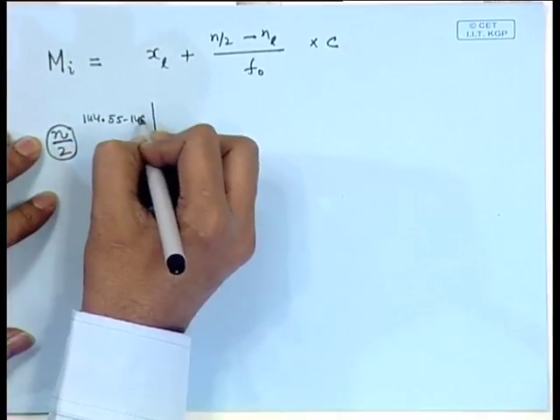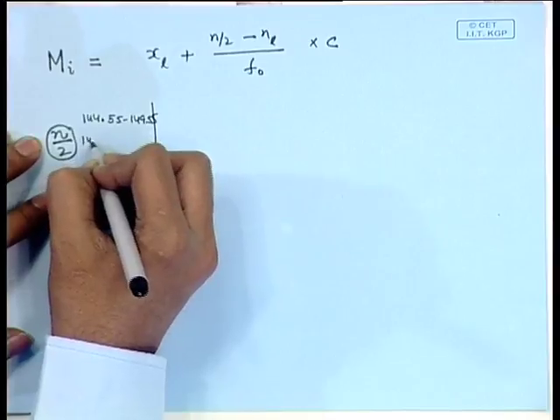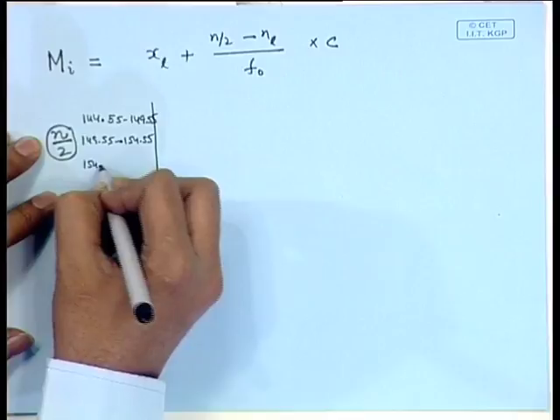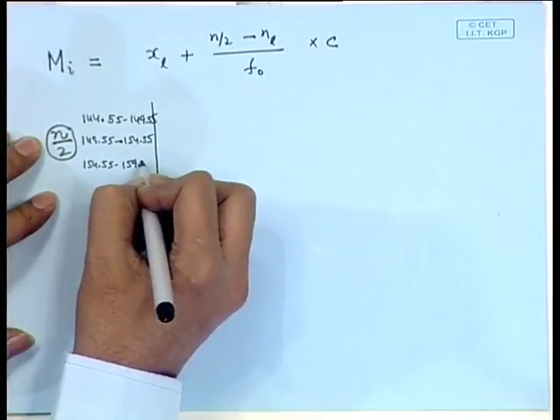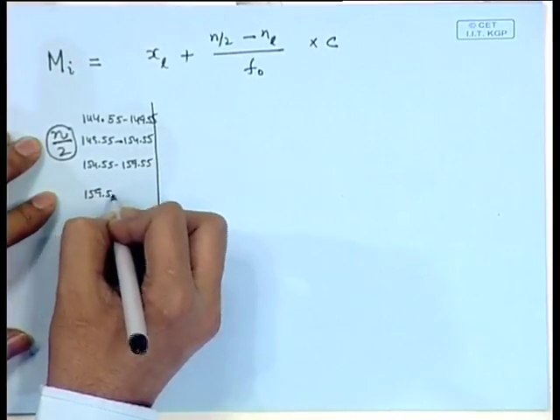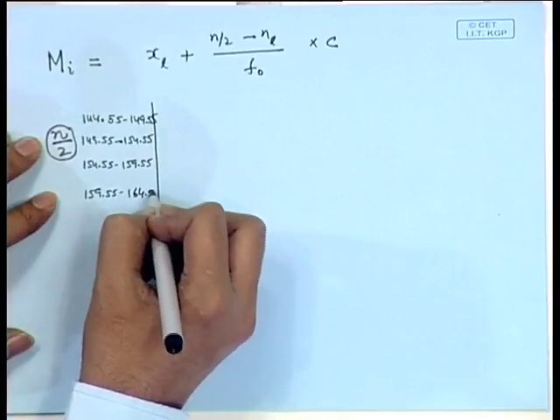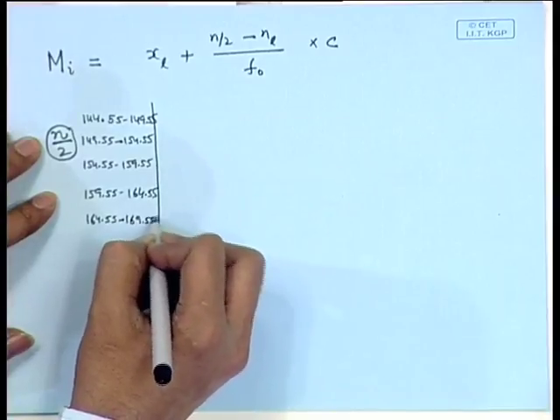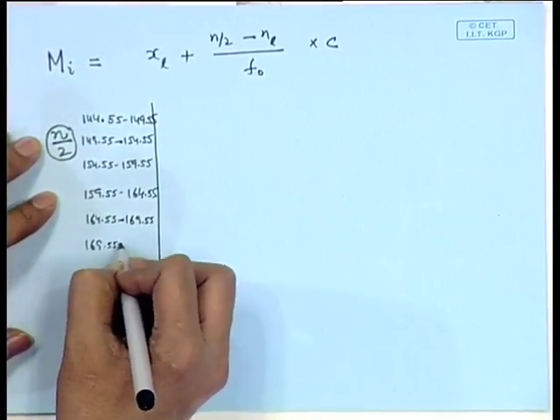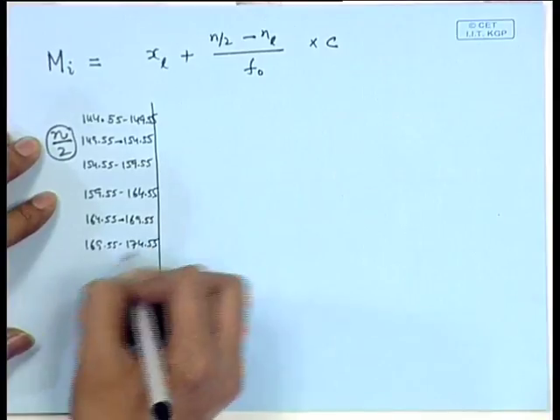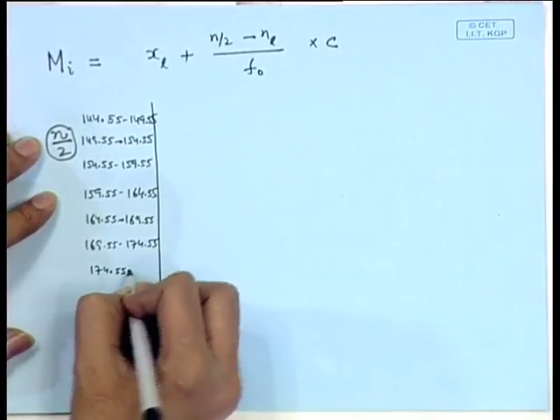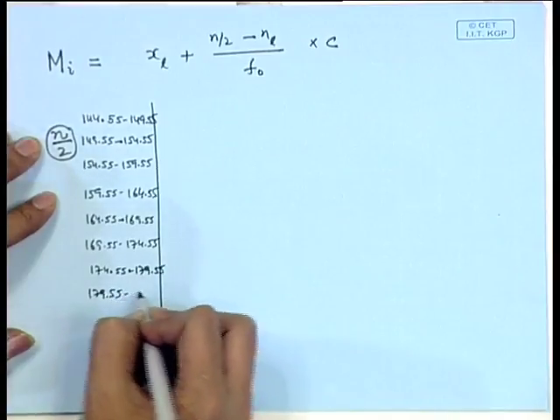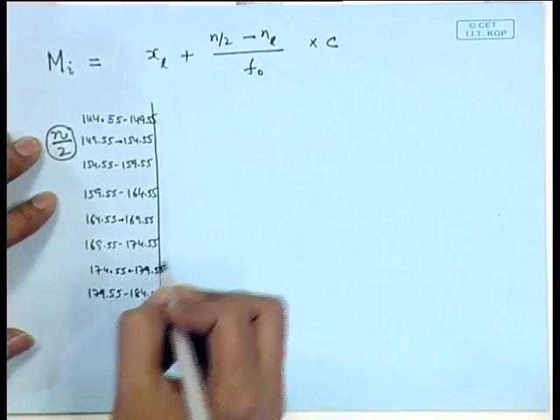144.55 to 149.55, 149.55 to 154.55, 154.55 to 159.55, 159.55 to 164.55, 164.55 to 169.55, 169.55 to 174.55, 174.55 to 179.55, 179.55 to 184.55.